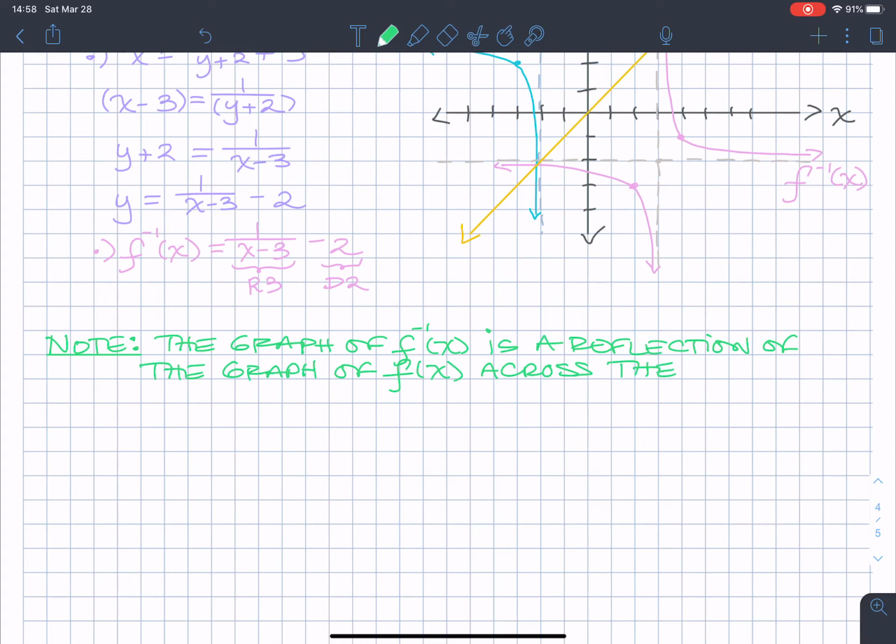And the main diagonal is the line y is equal to x.